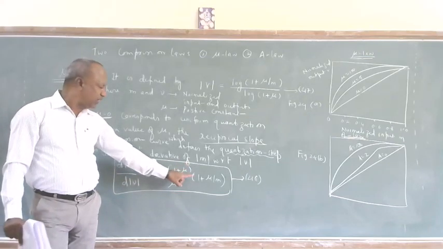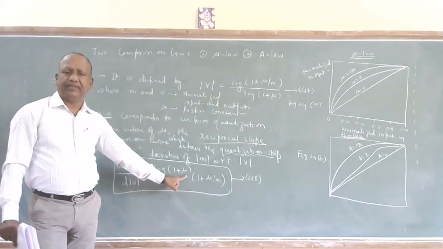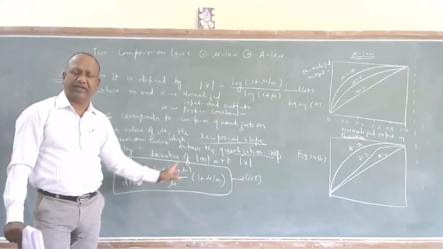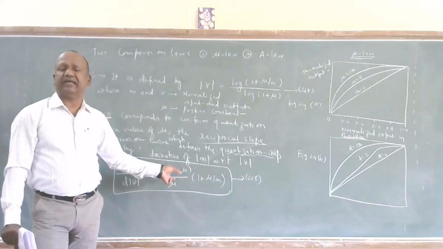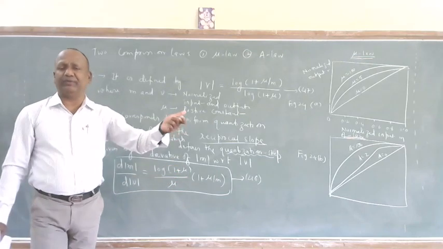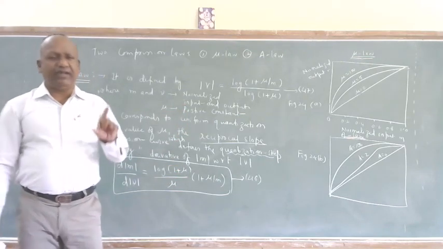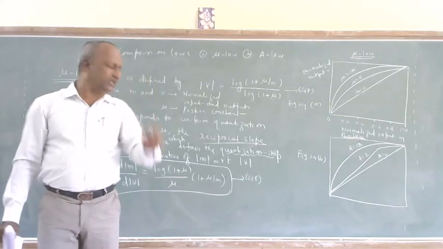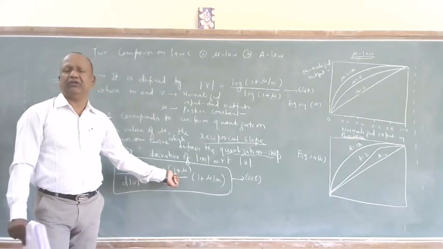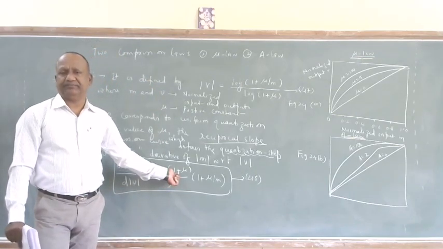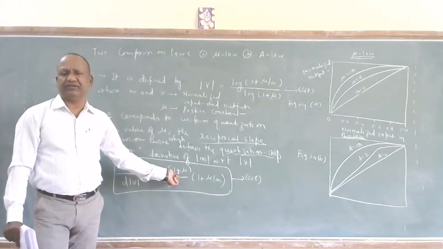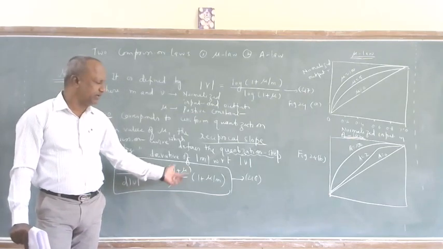So for smaller values of m, it is going to look approximately linear. When the value of m is increasing, it is going to behave like a logarithmic. That's one of the important observations, the interpretation from equation number 48.